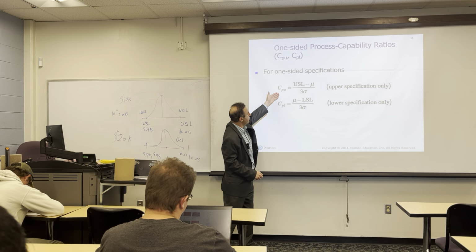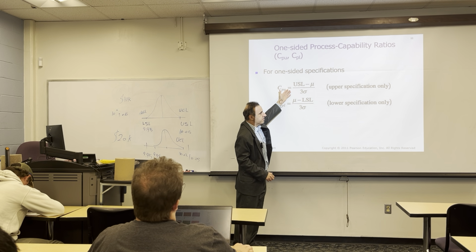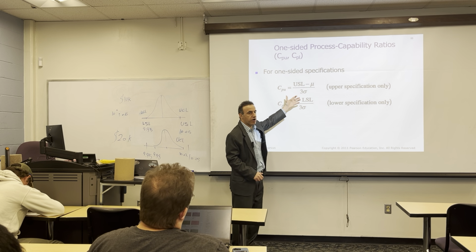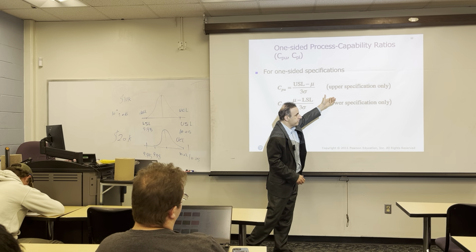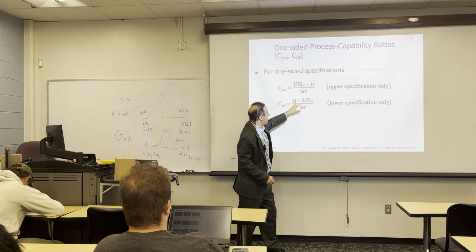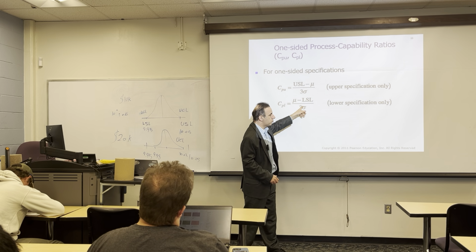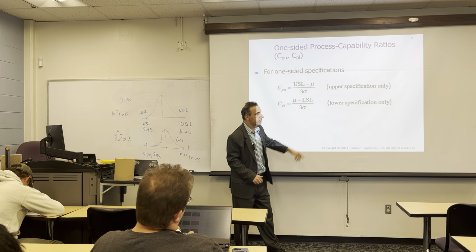So we have to calculate this one. If this one is getting smaller, what does it mean? It means your process is getting to the upper specification limit. If your CPL is getting smaller, it means your process is getting to the lower specification limit.